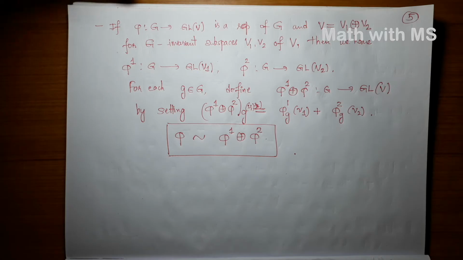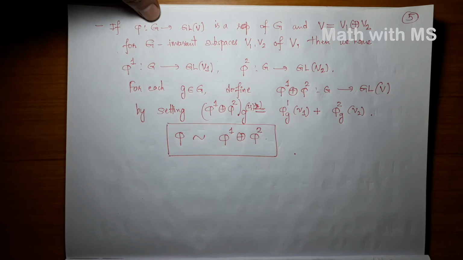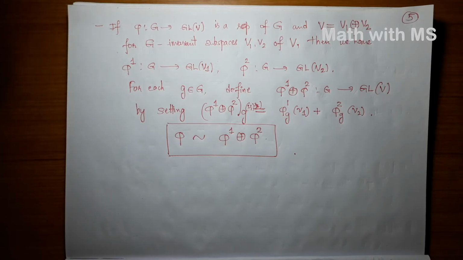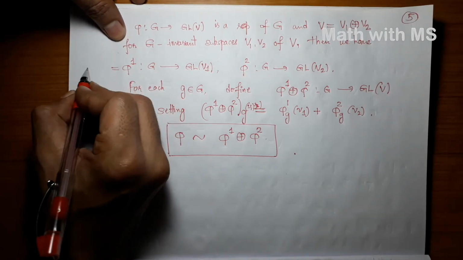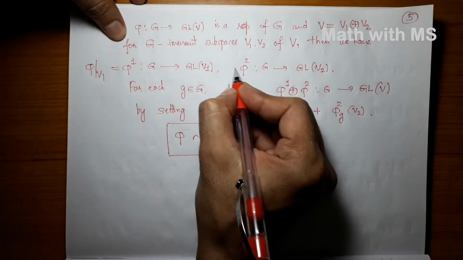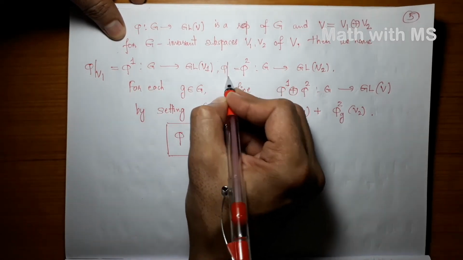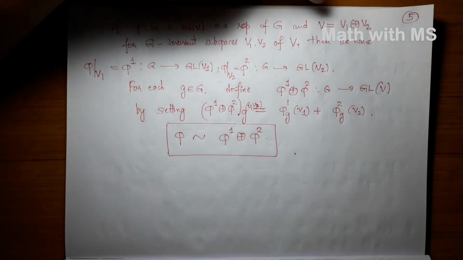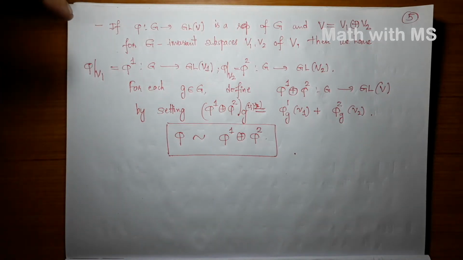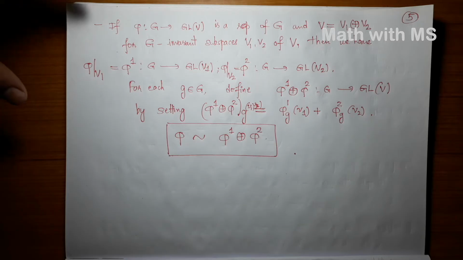So if we have a vector space which can be decomposed as a direct sum of two G invariant subspaces for a given representation phi, then you can restrict this representation. So this is your phi restricted to V1 and this is your phi restricted to V2. So you can restrict your representation on each of the subspaces and you get two sub-representations, okay?